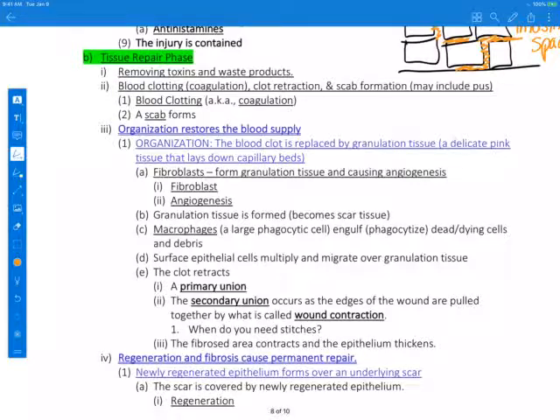So, as healing progresses, fibroblasts, which are cells in connective tissue that produce collagen, protein fibers, and other fibers, basically make more connective tissue. So as healing progresses, fibroblasts from the surrounding connective tissues replace the collagen and extracellular material lost by the injury.